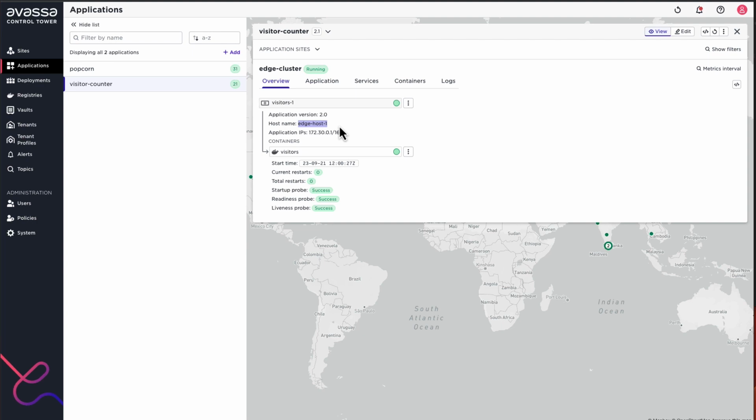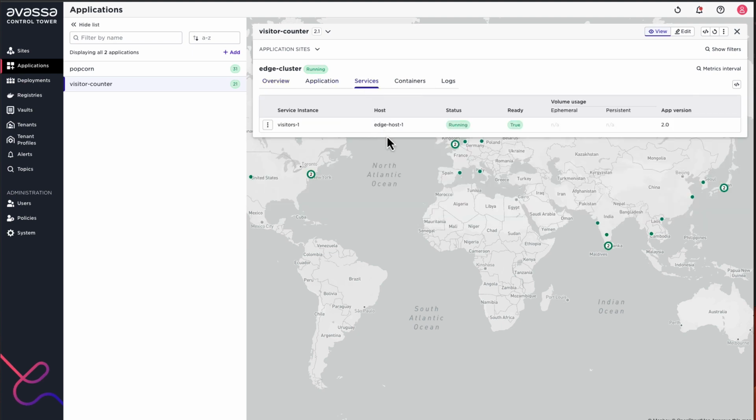So if you have an issue, you can talk to your IT team to look at that specific host. You get a list of the services, and remember, a service is a number of containers, so you'll get a usage version of that. You go all the way down to the containers and see detailed information of each container. You can see the actual usage of resources per container here at the site.